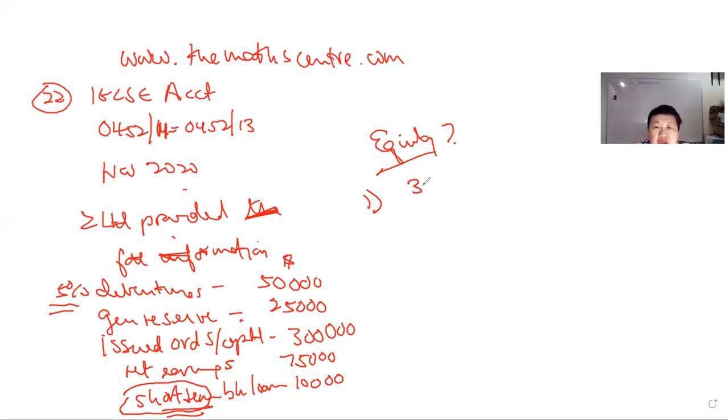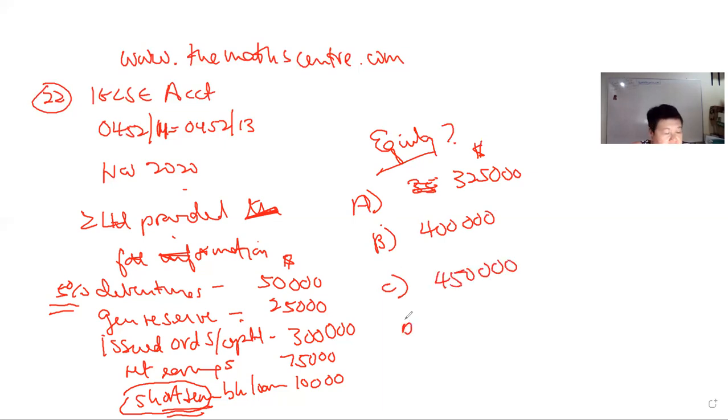They gave you 325,000 as the answer in A. B, is it 400,000? C, is it 450,000? Or D, is it 460,000? In a question like this, there is no point looking at numbers. You have to know your facts.